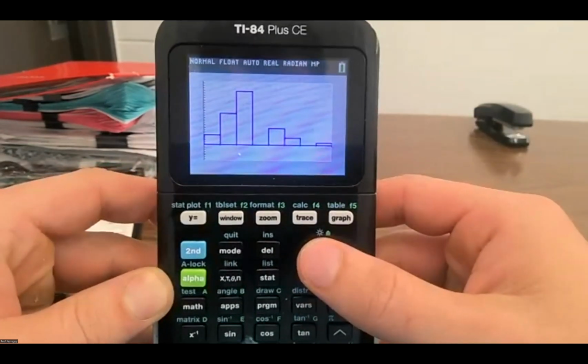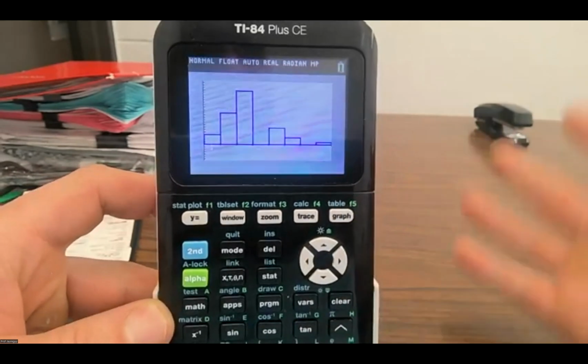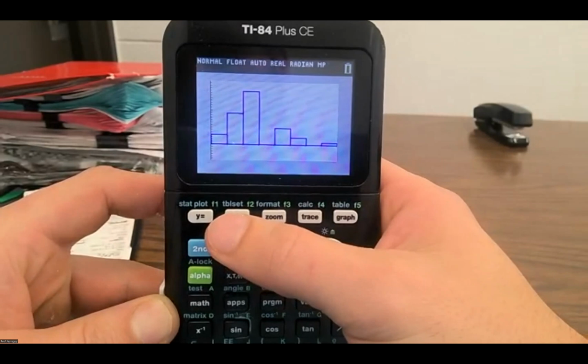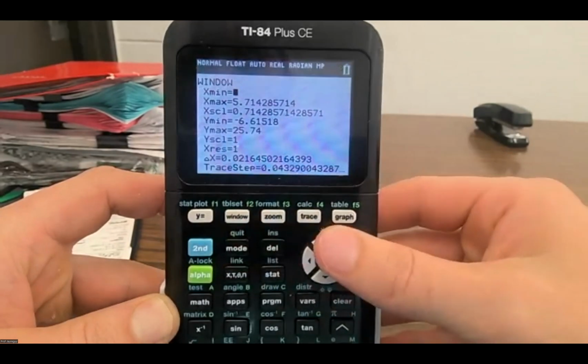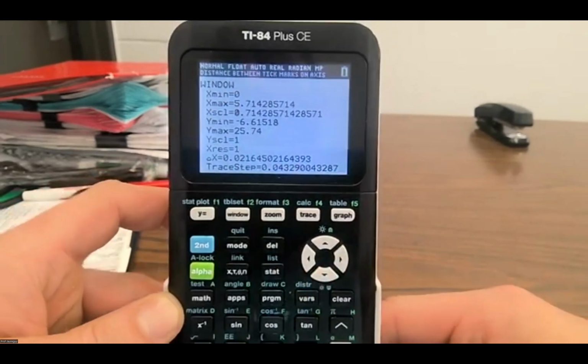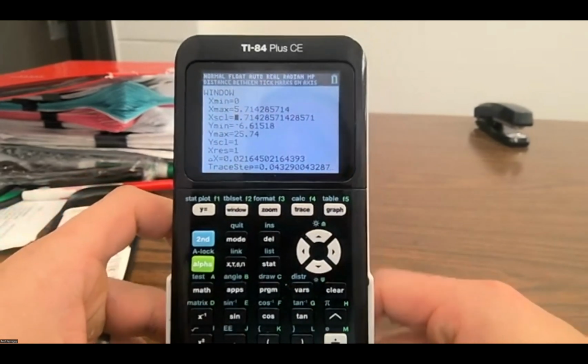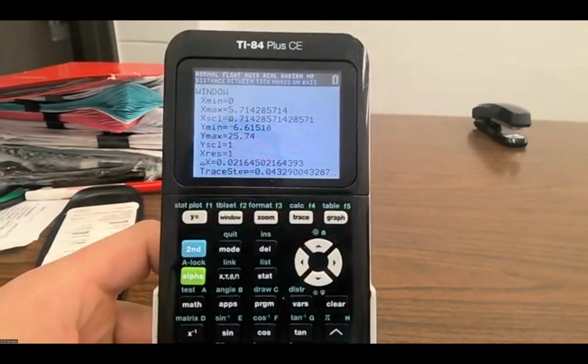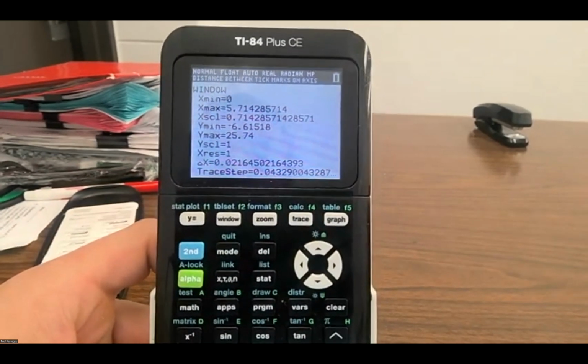But next up, I know this is a lot, so you can always press pause, rewind, and write down these notes. We're going to click window. And the thing in window we really want to focus on is X scale. And X scale is the size of your rectangles, the size of your classes.